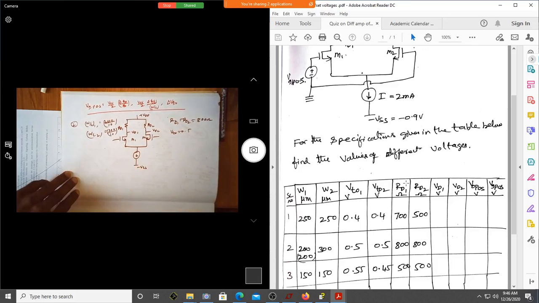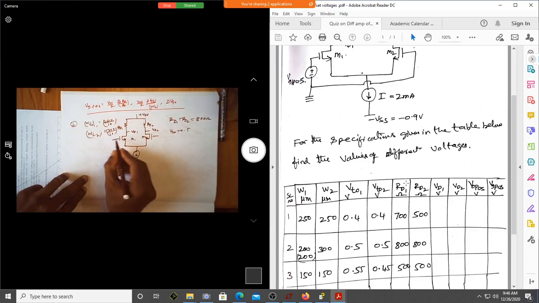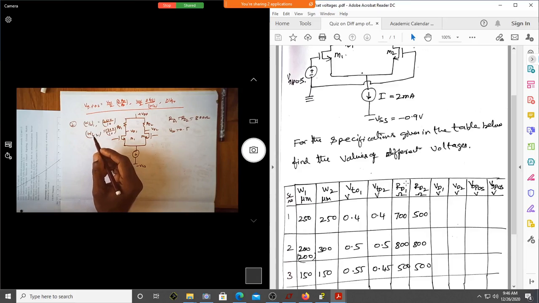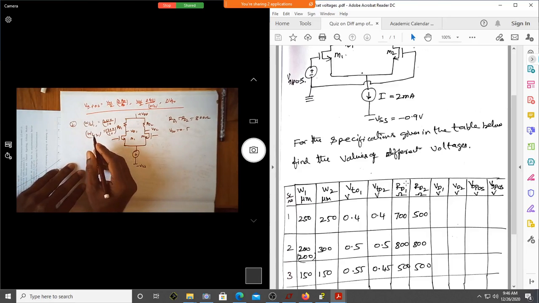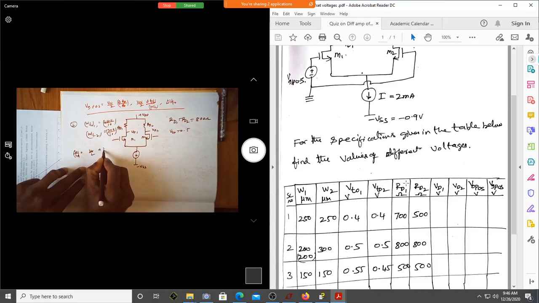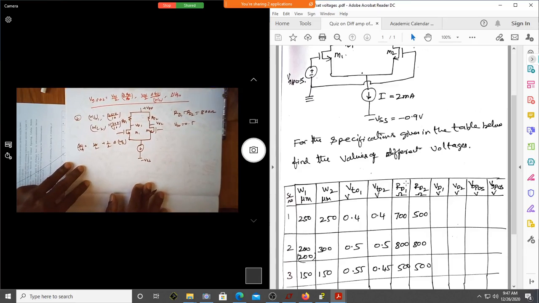Okay. Now we of course while deriving the expression for the input offset voltage to nullify the output offset voltage, so what did we do? We actually did W by L of 1. Okay, W by L of 1 was equal to W by L plus half of the delta W by L. Correct?